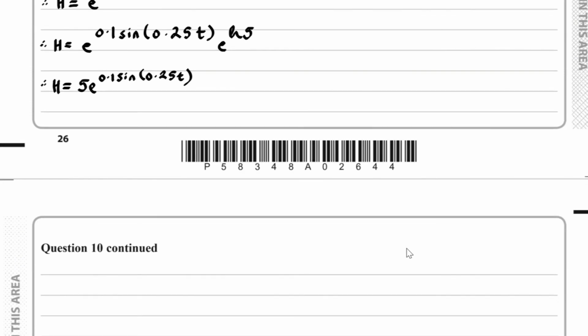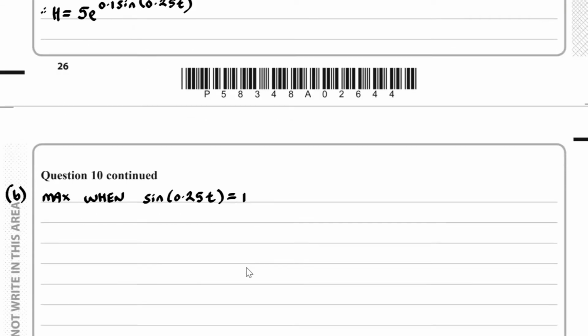Well, for part B, we need to recognise that we have a maximum when the sine of 0.25t is equal to 1, and we can think about the graph of sine.